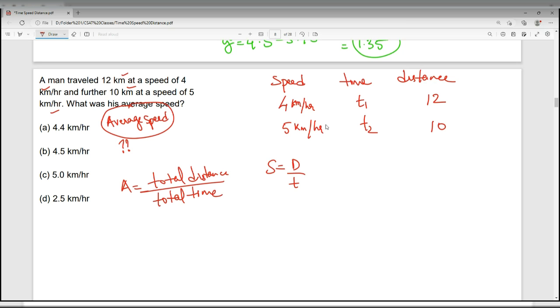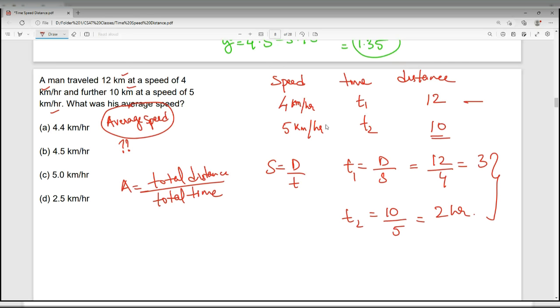We know that speed is equal to distance upon time, so time is equal to distance upon speed. In the first case, distance is 12 and speed is 4, so T1 is equal to 3. In the second case, the distance is 10 and the speed is 5, and the time taken is 2 hours, so T2 is equal to 2.